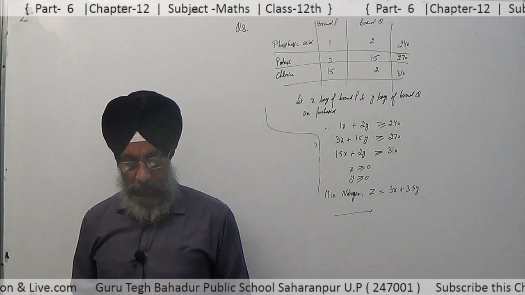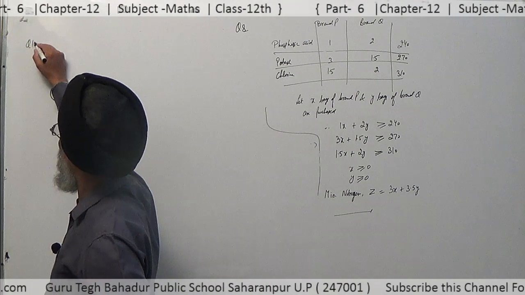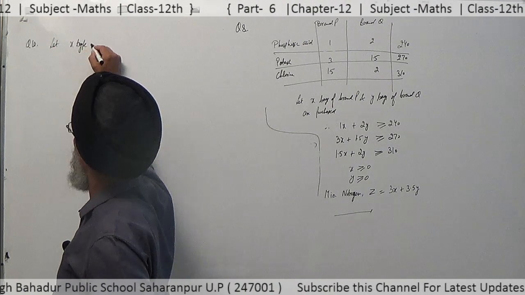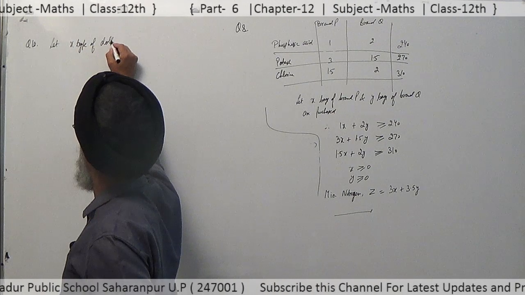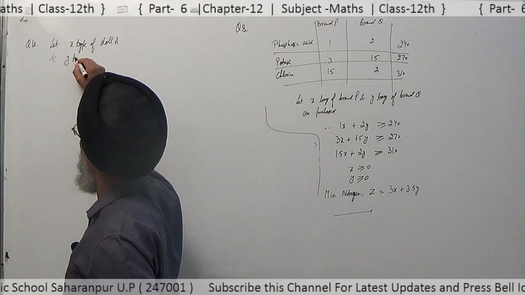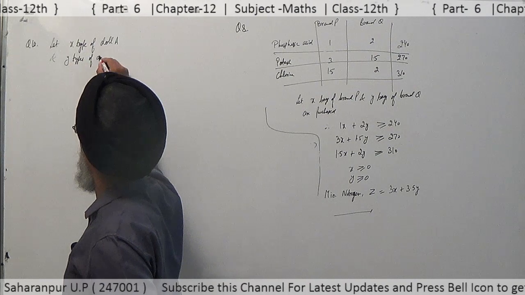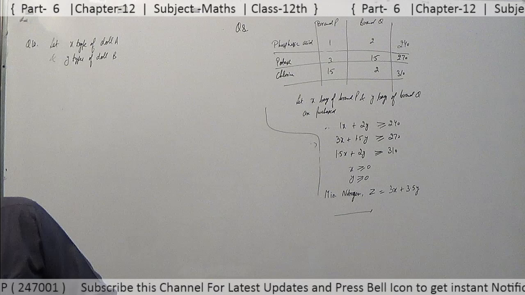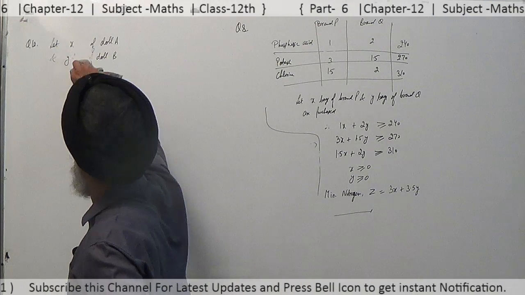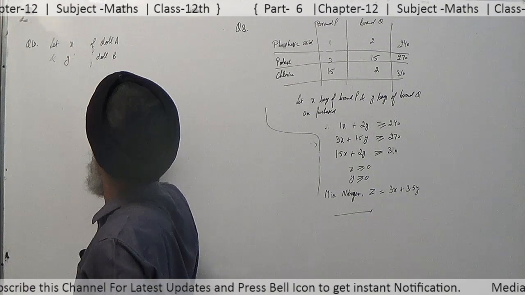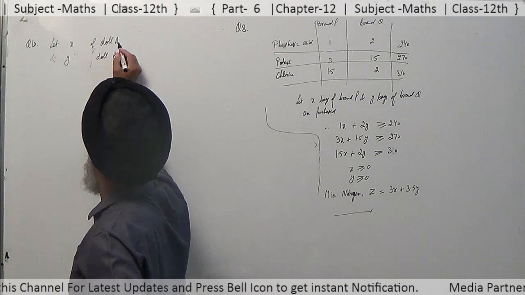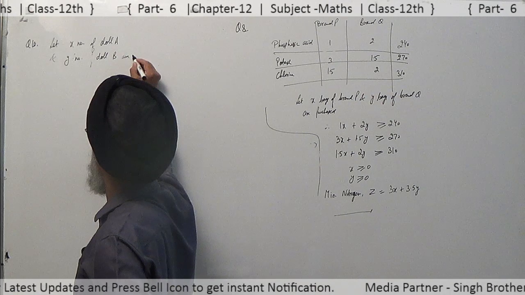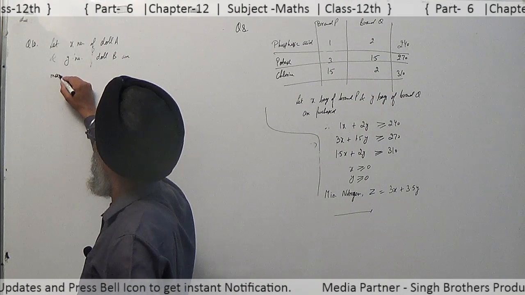So first, what will we assume here? Let x number of doll A and y number of doll B be manufactured.